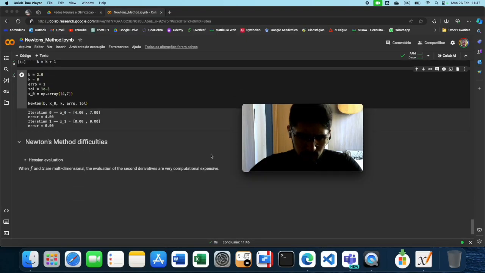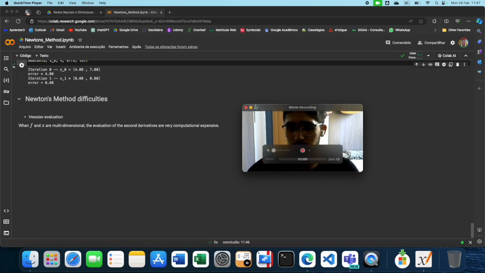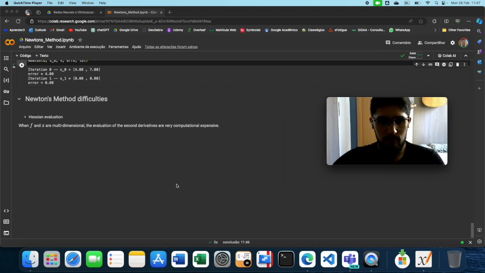And what are the difficulties of Newton's method? It is the evaluation of the second derivatives. When we have multidimensional functions with multidimensional inputs, the evaluation of the second derivatives is very hard, and we avoid doing these calculations.